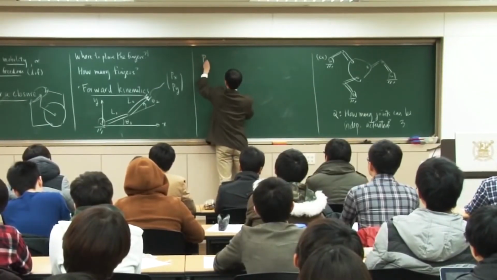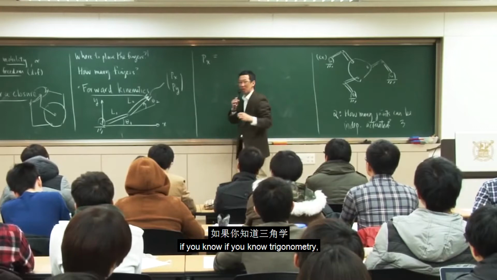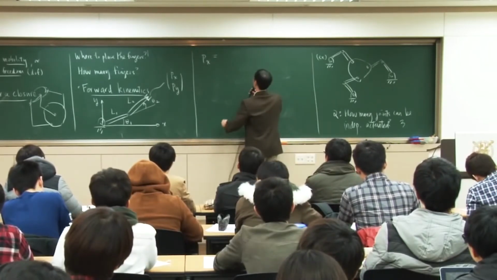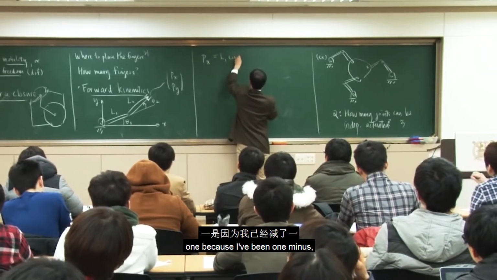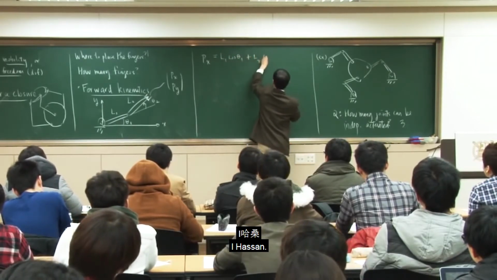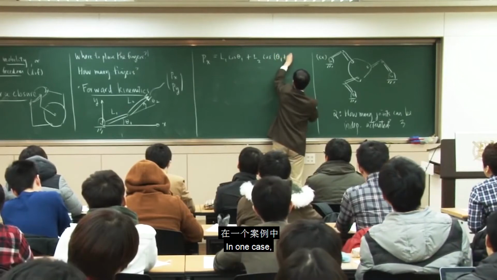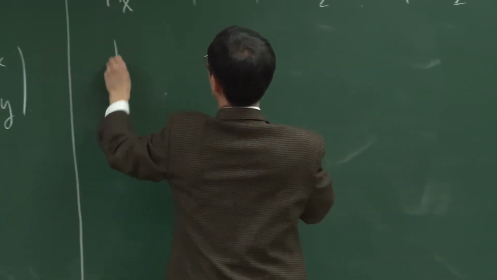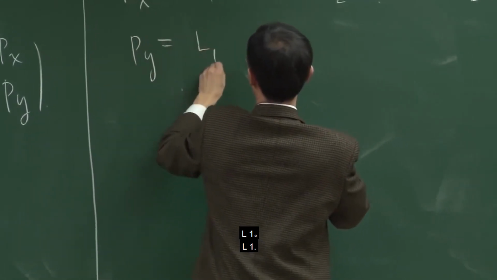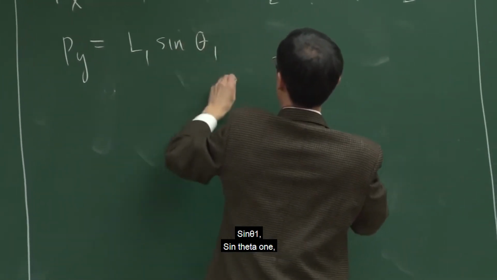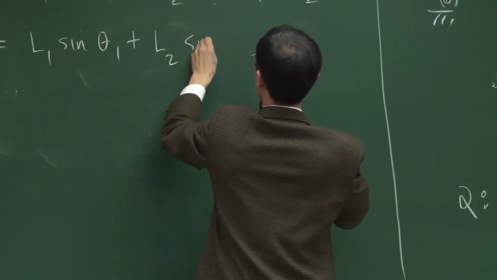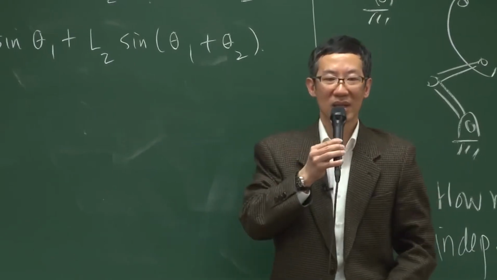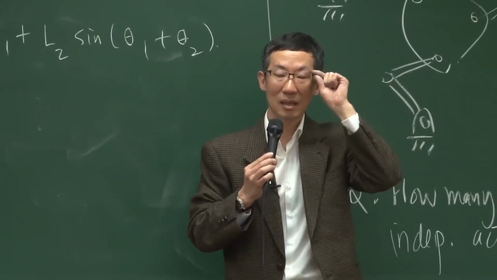If you know trigonometry, this is pretty straightforward. Px is L1 cosine theta 1 plus L2 cosine (theta 1 plus theta 2). Py is L1 sine theta 1 plus L2 sine (theta 1 plus theta 2). So there it is, simple trig.